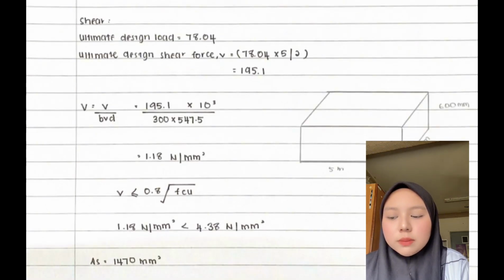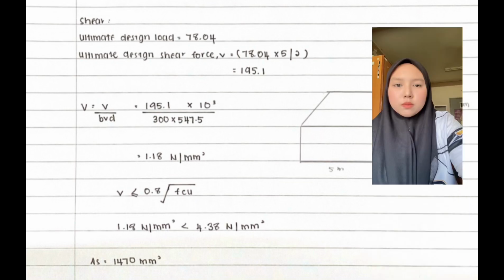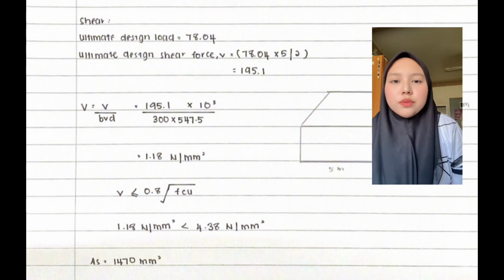For shear, the ultimate design load is 78.04. For the ultimate design shear force, which is V, it is 78.04 times 5 over 2. So 195.1. Next, v equal to V over bv d.